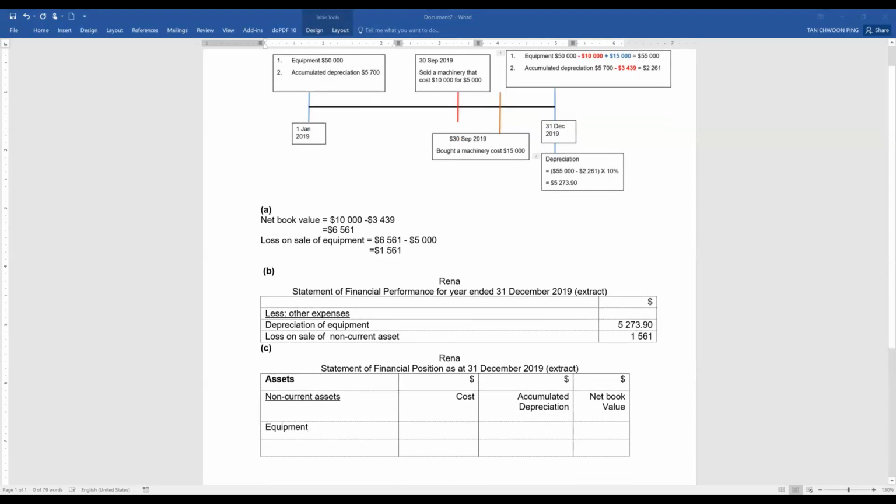So just now we have already calculated the cost of the equipment is actually 55,000. Okay, if you are not sure, you can always take a look at the one that we have here. Over here is 55,000. Okay, so if you have a timeline with you side by side, it would have been a lot easier.